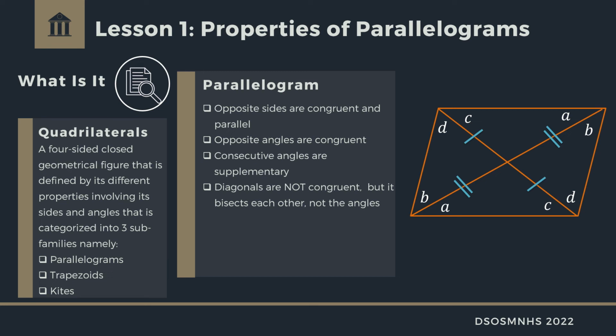So walay exterior ani ha. So the letters found outside the parallelogram are what we call the exterior angles. Since ang gibutang sa diagram are those angles found inside the parallelogram. So they are angles that we specifically called alternate interior angles.